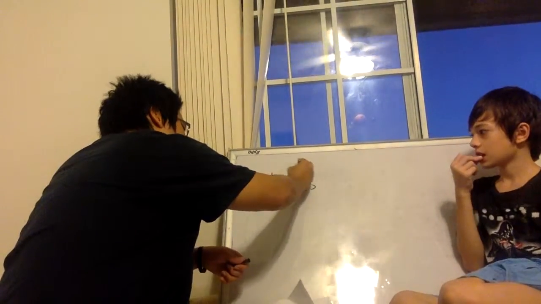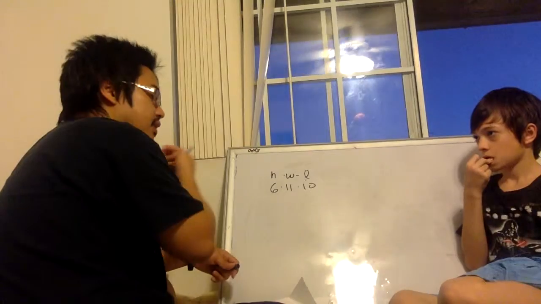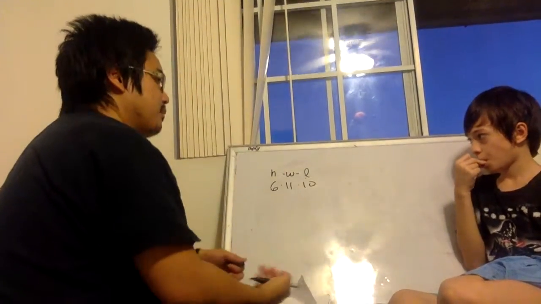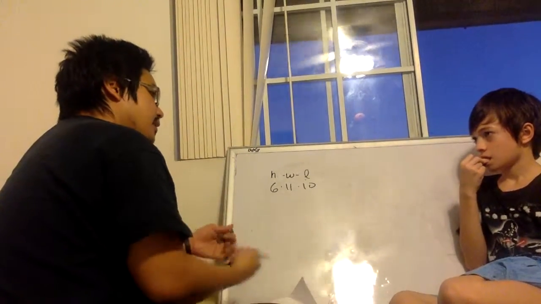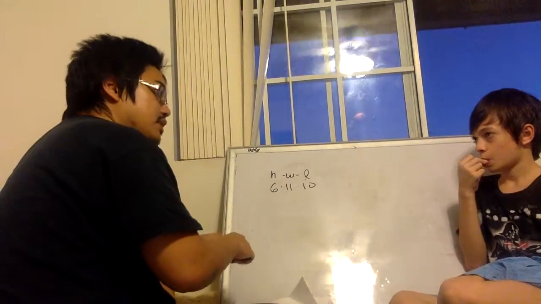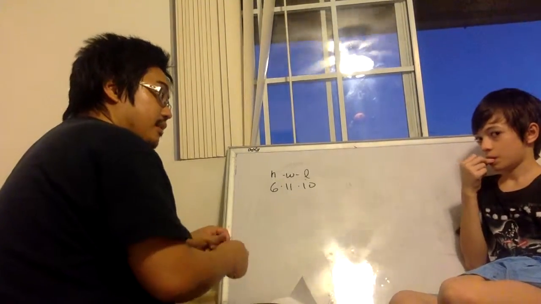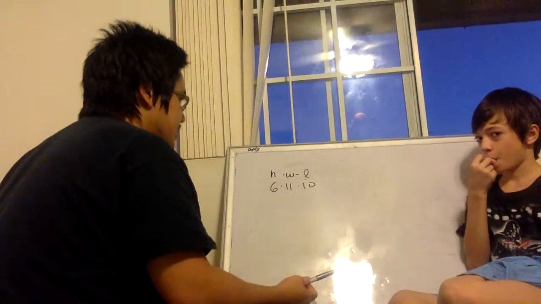Or length is 10, width is 11. So H times W times L. I know I told you length times width times height, but actually it can go either way, because remember, multiplication is commutative, right? Yep.